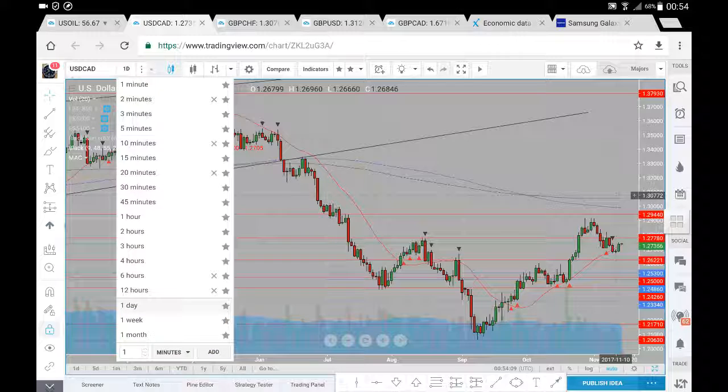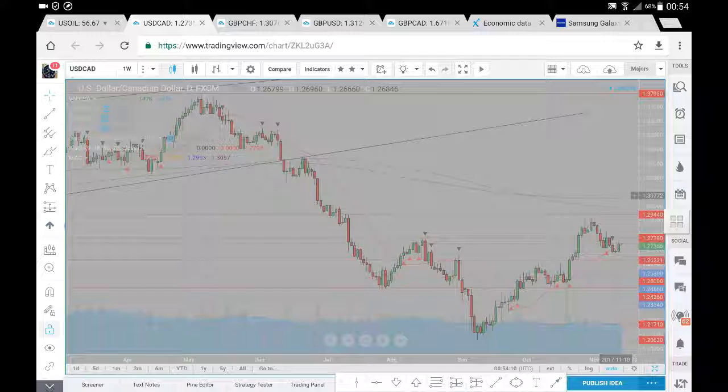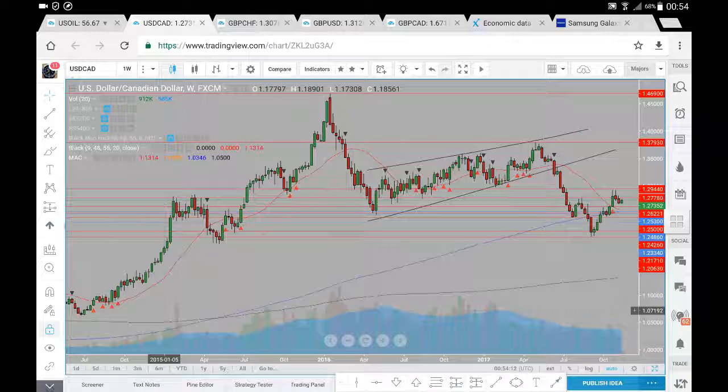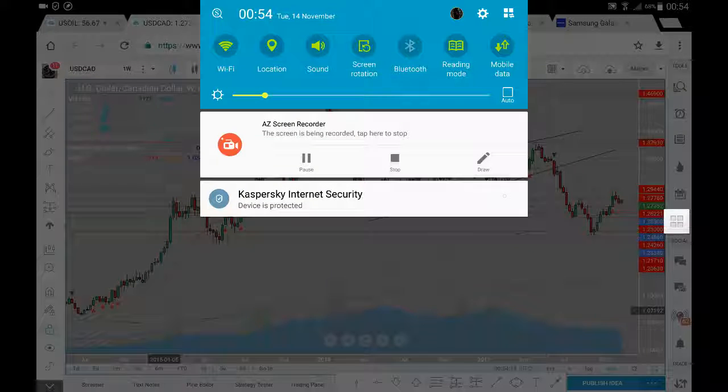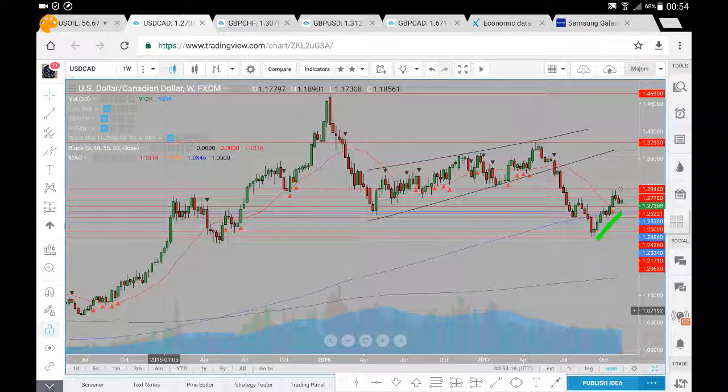If we have a look at the weekly time frame, on this weekly time frame, we're clearly still in an uptrend, and we have had a bit of a pullback so far. Two weeks of bearish momentum in the market.